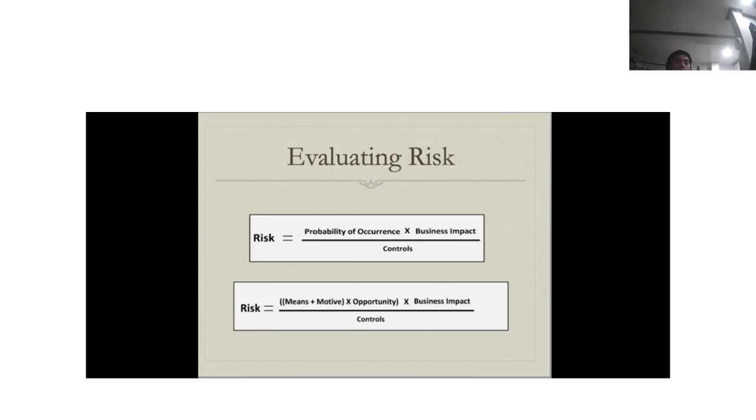Whether you believe a skilled or an unskilled attacker will be after your resources is something you have to decide during a risk assessment. Motive is why an attacker would be after your data.